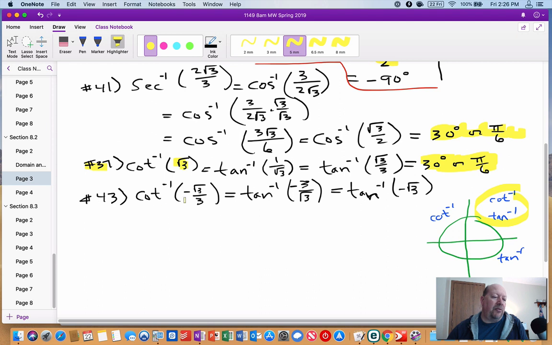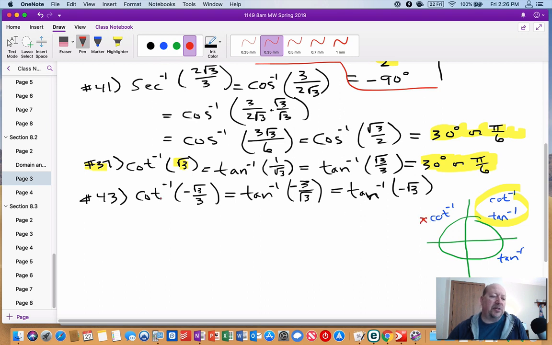However, if we have a cotangent value like in this number 43 that we're working on now that is a negative value, and with the inverse cotangent you have to choose between the first or the second quadrant, then since the cotangent value is negative, it's going to be in the second quadrant. Now, hang with me here.